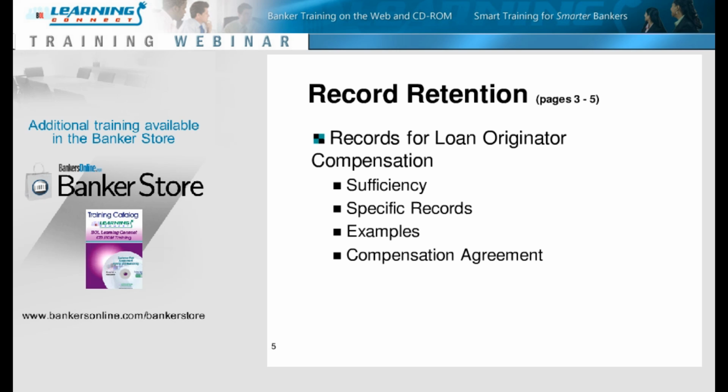In terms of determining whether the records you're keeping are sufficient, because they have to be sufficient to evidence the compensation and the payments received, you're going to be keeping records that show the nature and amount of the compensation.